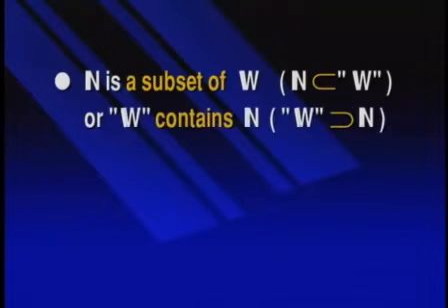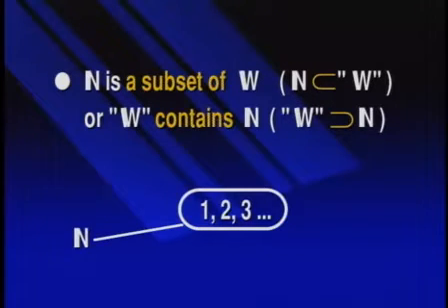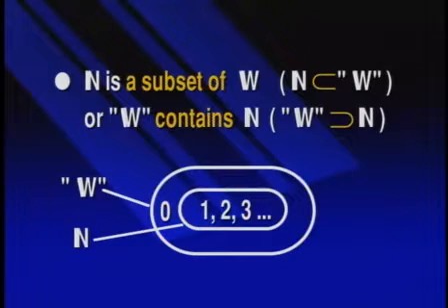You might or might not know it. Or we can also write that symbol backwards and say W contains the set N. And we can write that in a Venn diagram with N inside of W. And the only number that W has that N doesn't have is 0. So that gives us our first two sets.